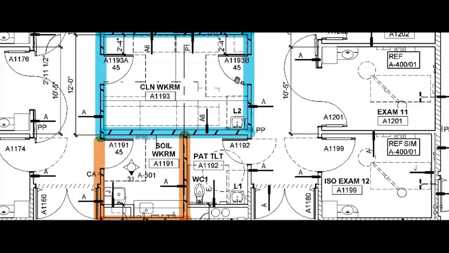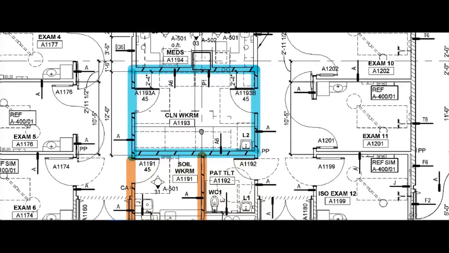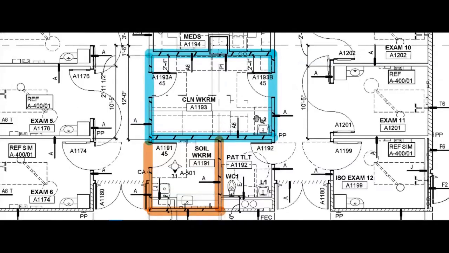But if you look in conjunction at the door schedule at the same time, you would pick that information up, that it is a 45-minute rated door. And as we talked about in the code class yesterday, that makes perfect sense because any storage room that's over 100 square feet does need 1 hour fire resistance partition and 45-minute rated doors.